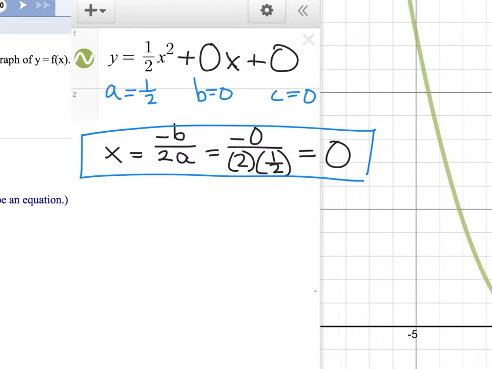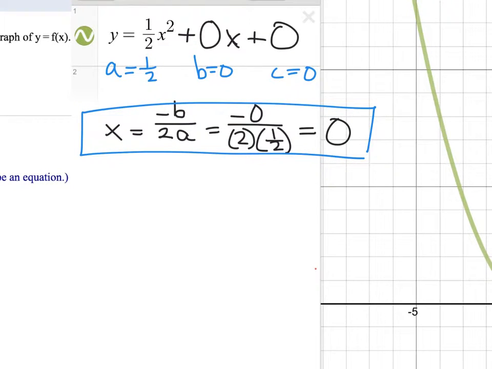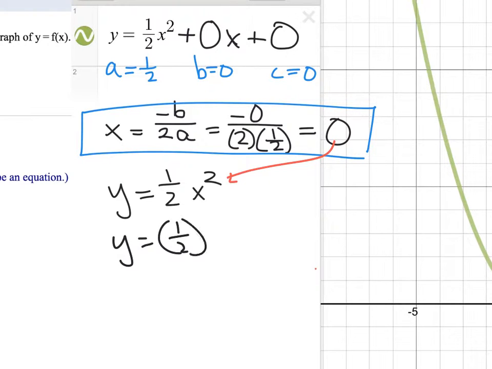So now, once we know that the value for x is 0, you go to your original equation, y is equal to 1/2 x squared, and we take that value of x, which we know is 0, and you substitute it in. So that becomes y is equal to 1/2 times 0 squared.